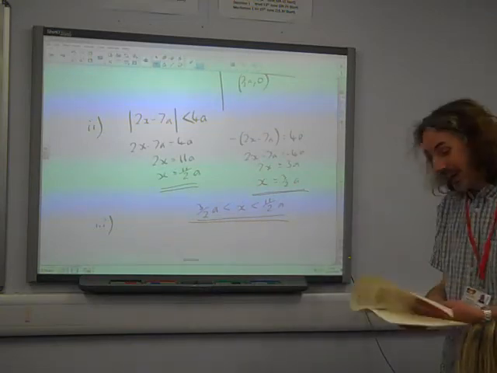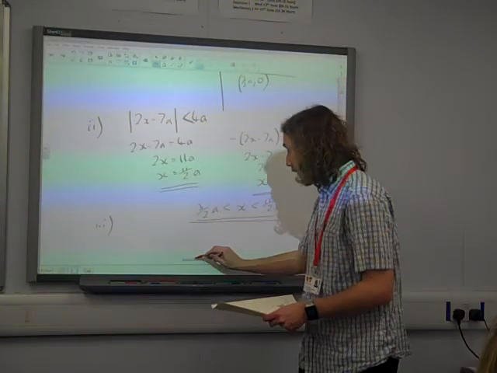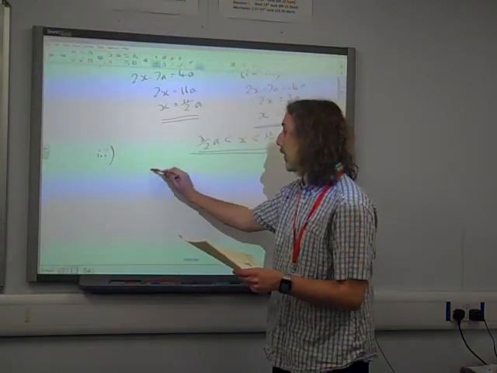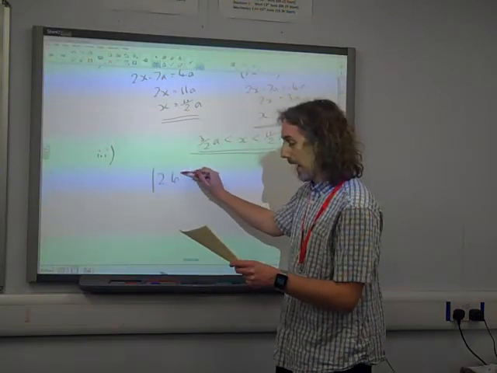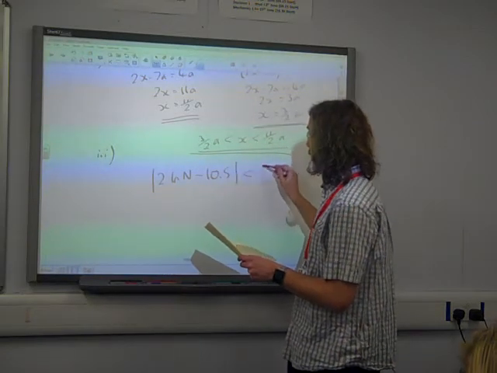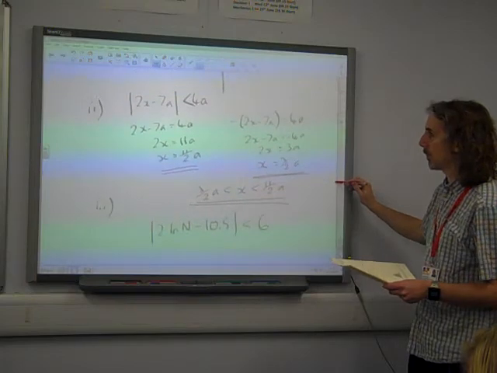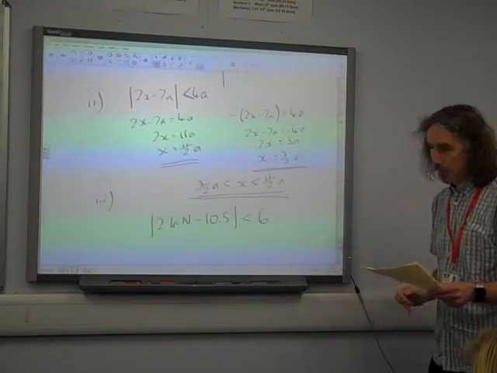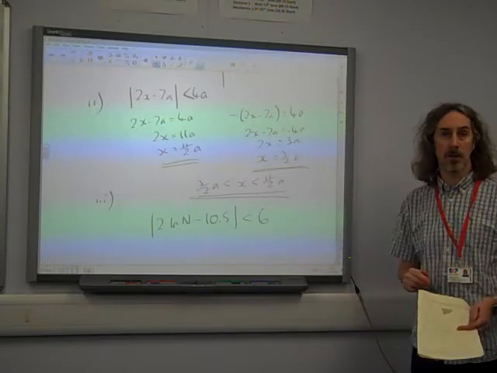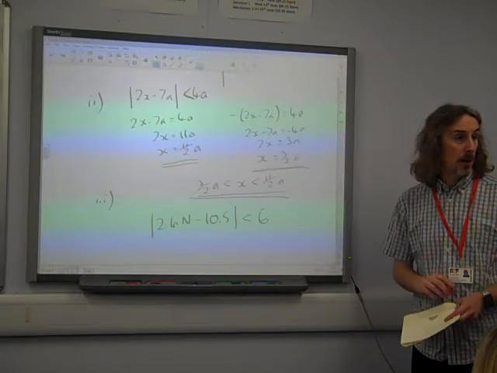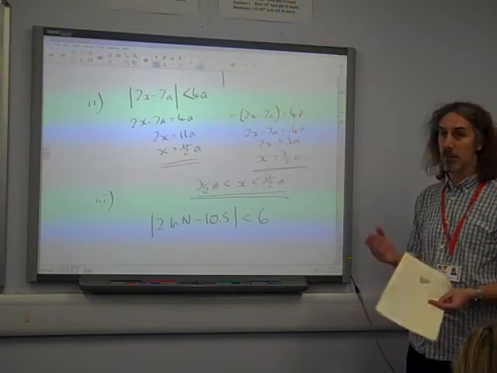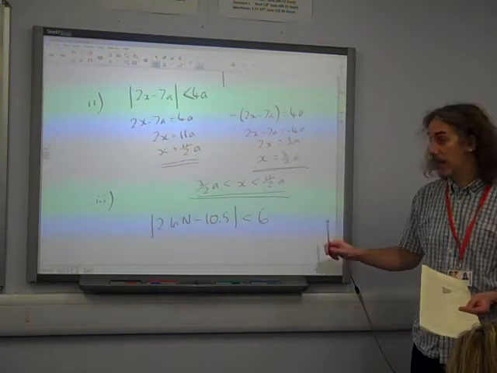The final part said, deduce the largest integer n that satisfies the inequality, the modulus of 2 ln n minus 10.5 is less than 6. So they want us to make a deduction in what's going on here. Let's see if we can spot the connections between things.